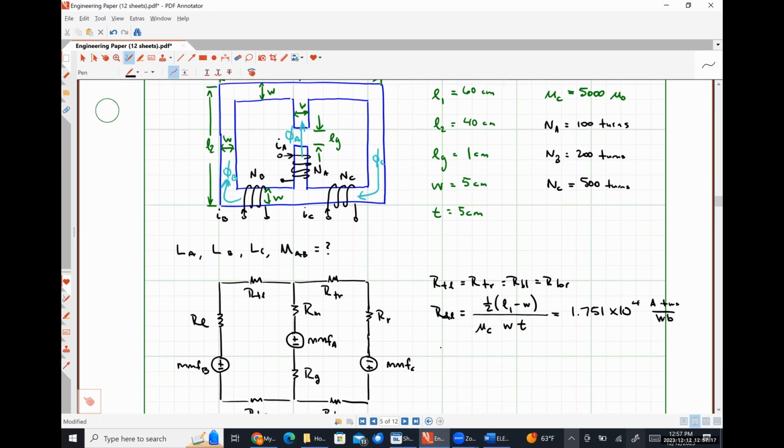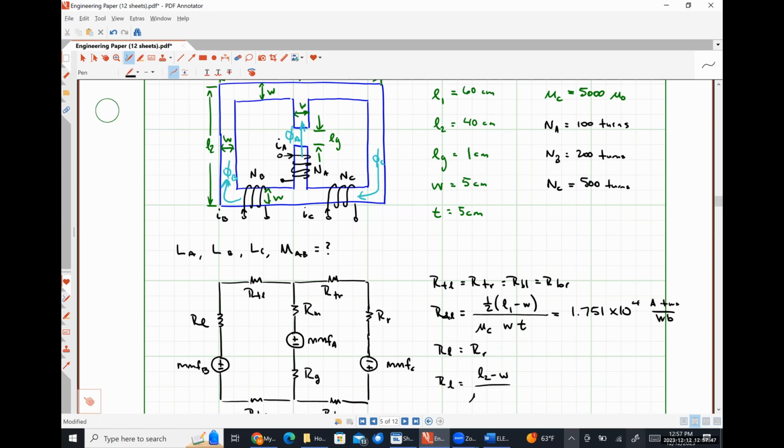We can hopefully pretty easily see that our reluctance R sub L will equal our reluctance R sub R. And for R sub L, what's our length for the vertical beams on the left and the right side of our core? L2 minus W, absolutely right.